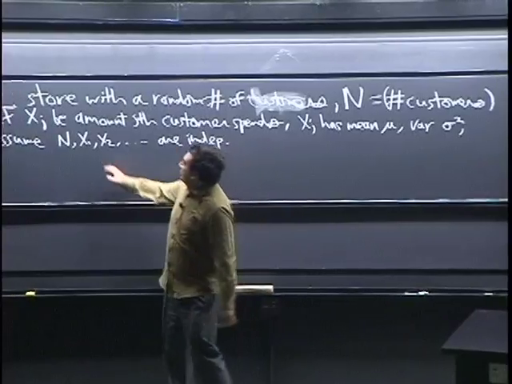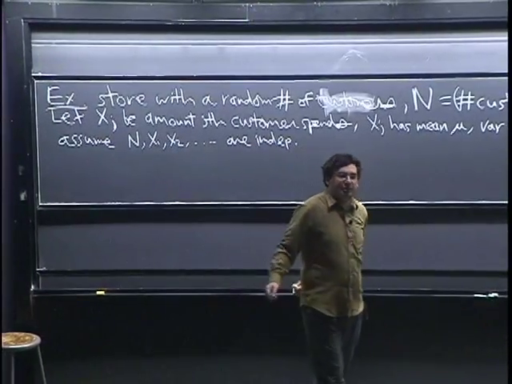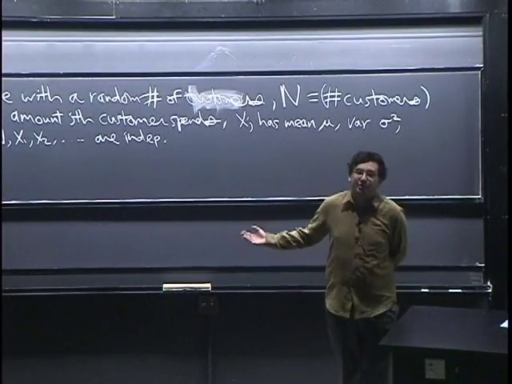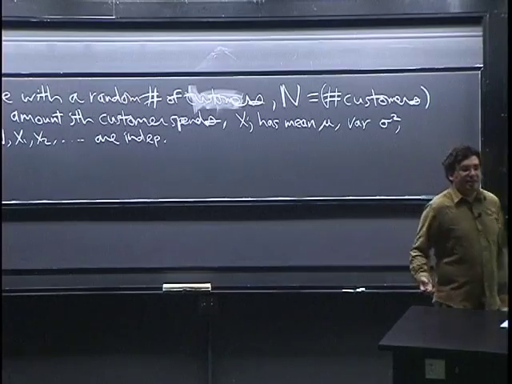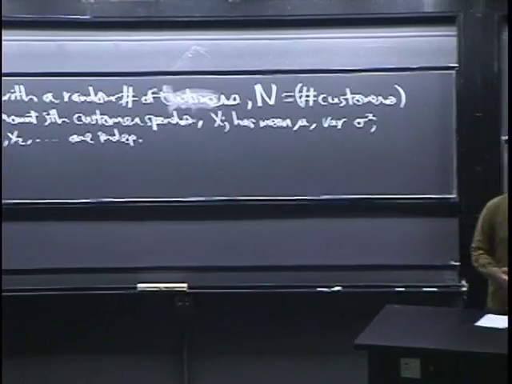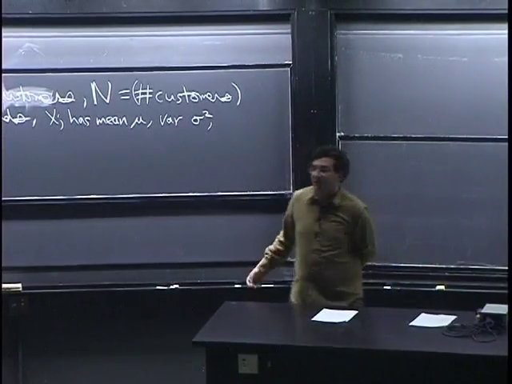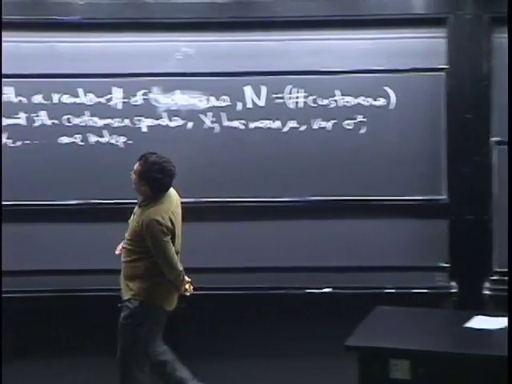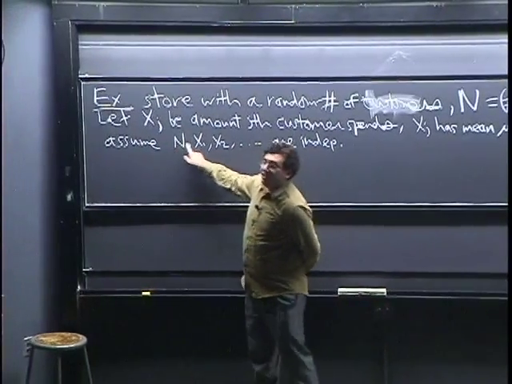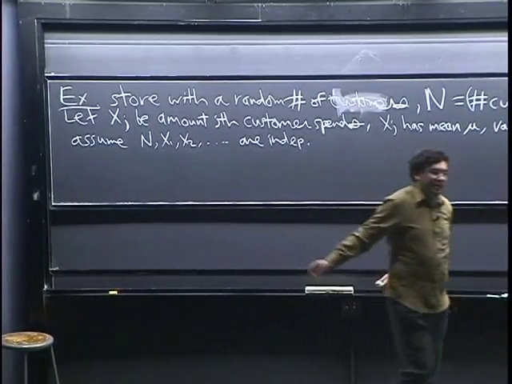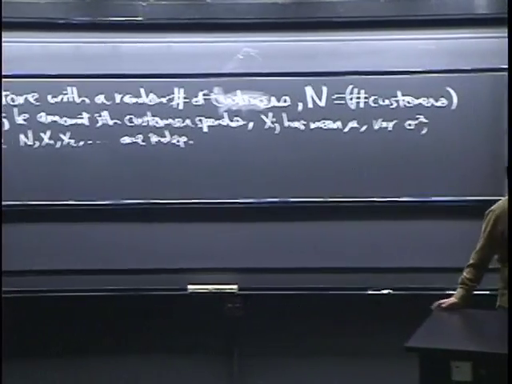So it's not like the second customer sees how much the first customer spent and wants to spend more than that person or something like that, or they come in in groups, in families, and decide together or something like that. They're just independent customers. And the other important assumption here is that the number of customers is independent of the individual choices for how much to spend. So that sounds like it may be plausible.